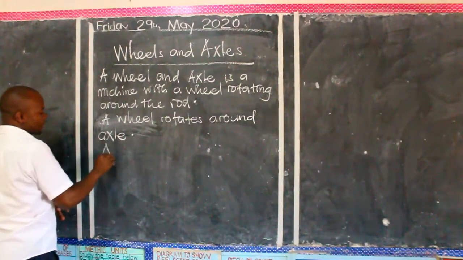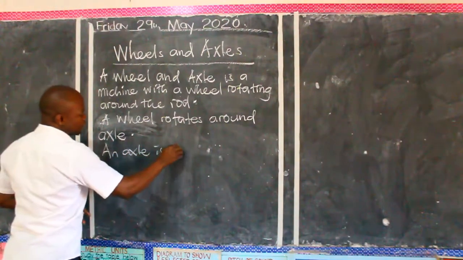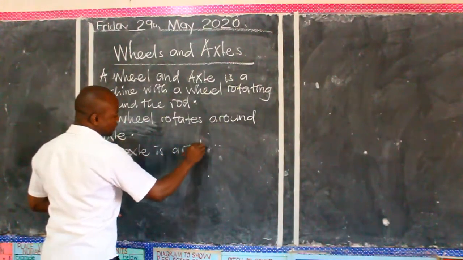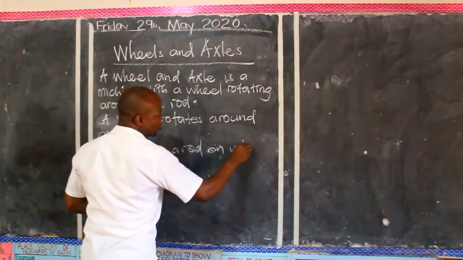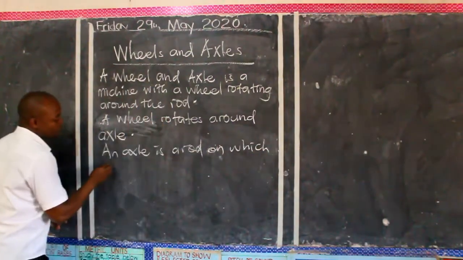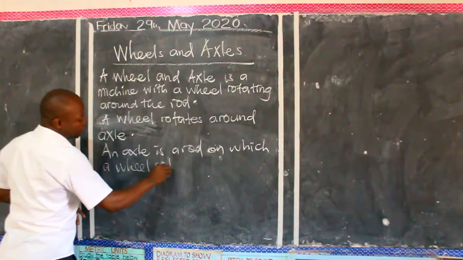And what is an axle? An axle is a rod on which a wheel rotates.